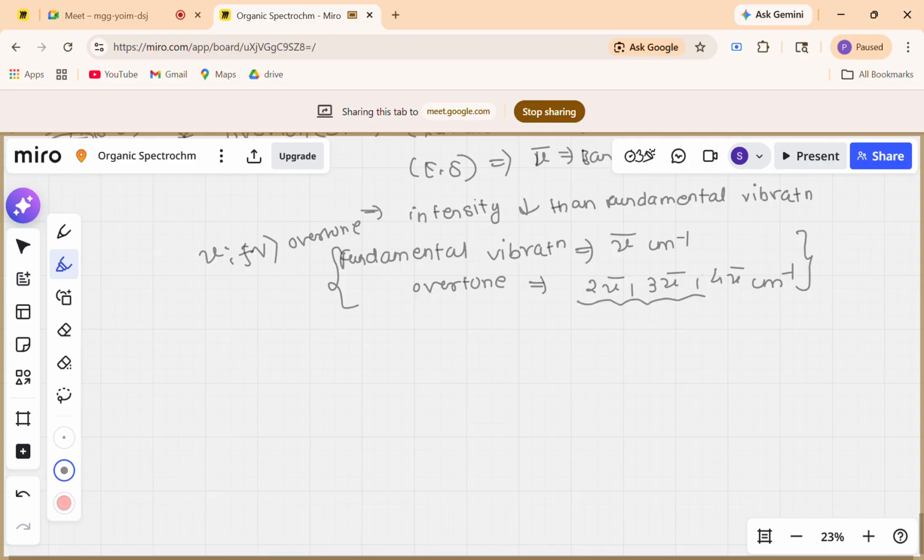Okay, this is representing the wavelength, don't confuse it. Energy-wise or frequency-wise, always remember that the fundamental vibration is greater than your overtone, and this is basically representing the wavelength at which these excitations are going to happen. So this integral multiple is related to wavelength, not frequency. So that's the idea.